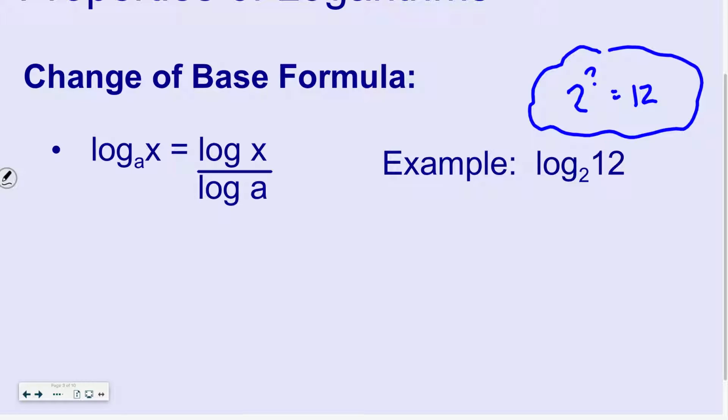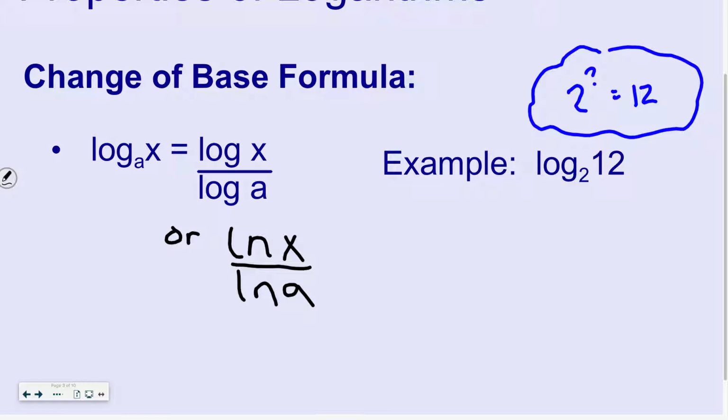As long as you do log of the thing you're taking the log of divided by the log of the base, the common log, then you'll get the same answer. But it doesn't have to be common log. You could also do natural log of x divided by natural log of a. As long as you do the log of both parts, the same base log, you'll get the same answer.